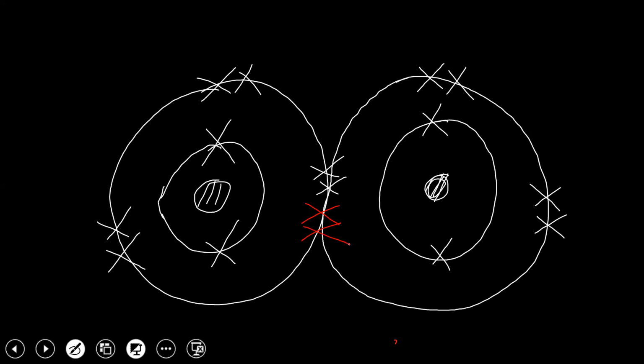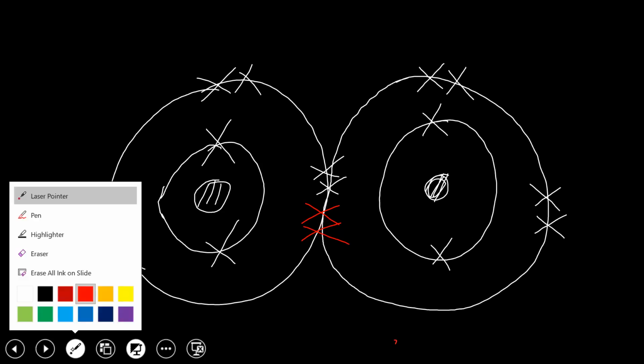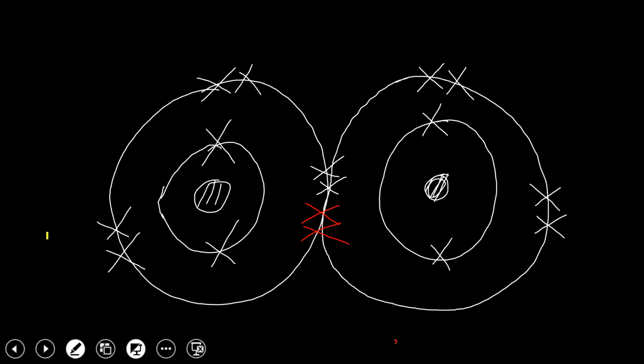Previously this one was 2,6: 1, 2, 3, 4, 5, 6. So it wasn't making the stable configuration of 2,8. Also this one previously had 2,6. So they come closer, and as they come closer, they share these electrons. When you count these electrons, you have this one and you have this one.